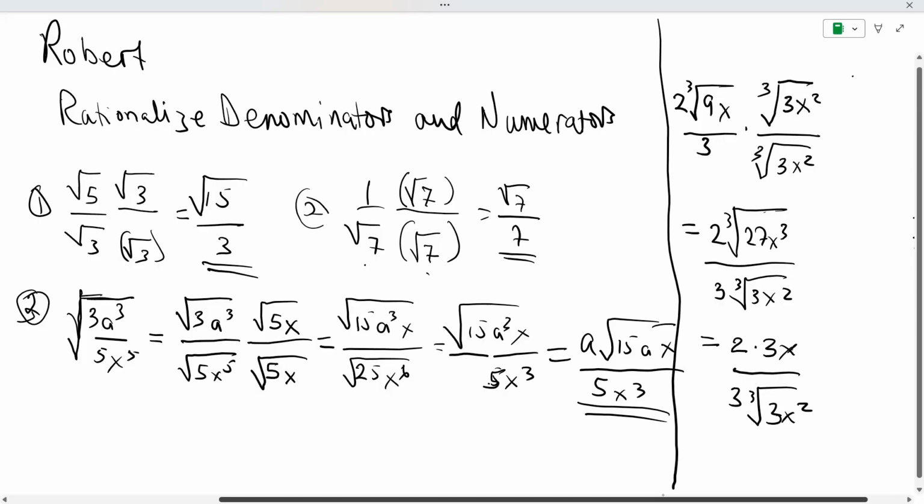Now we can simplify this by dividing through by 3. And therefore this leaves us with 2x divided by cube root of 3x squared. And that turns out to be our final answer.